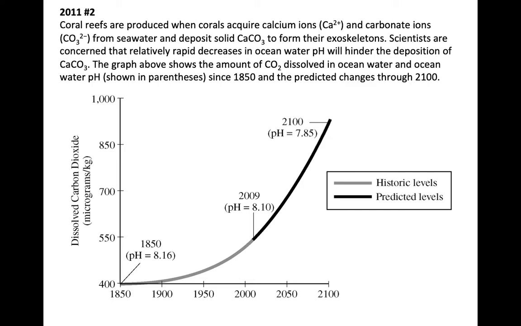The graph below shows the amount of CO2 dissolved in ocean water and ocean water pH, shown in parentheses, since 1850 and the predicted changes through 2100. So you can see historic levels are in gray and predicted levels are in black.